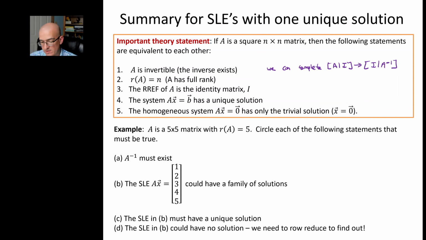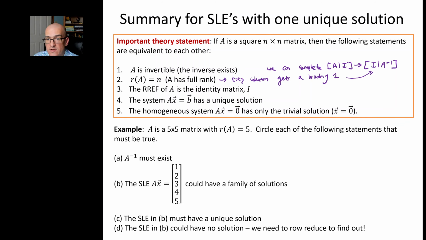Sorry, A being invertible means that we can complete that. So that's equivalent to saying it's full rank. Every column gets a leading 1. That's what full rank means, which the identity matrix looks like when you row reduce it.